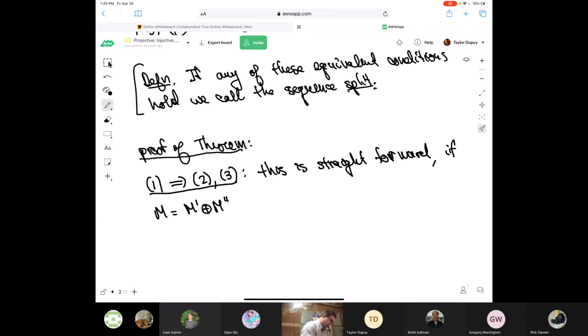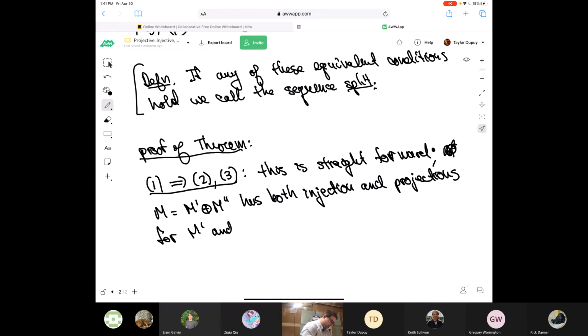So it has both injections and projections for M prime and M prime prime.